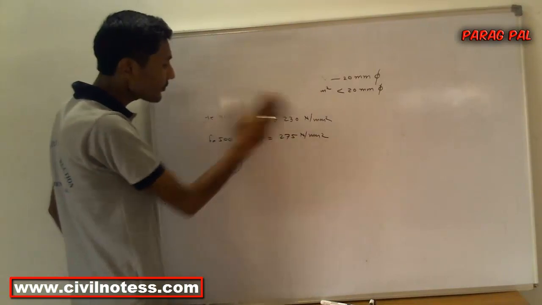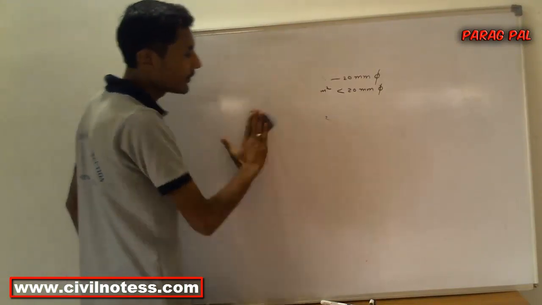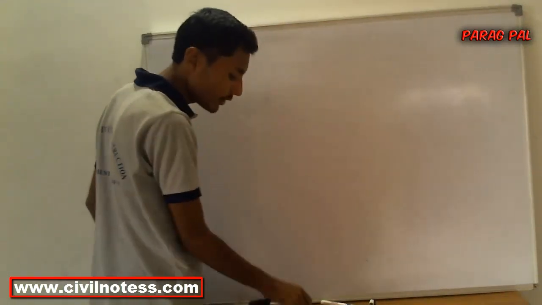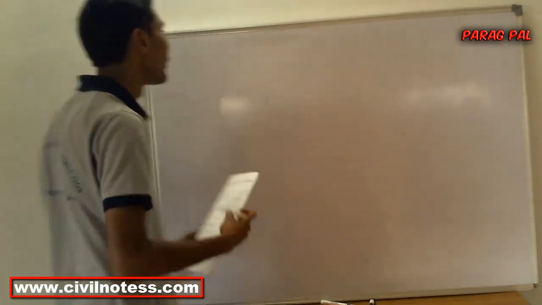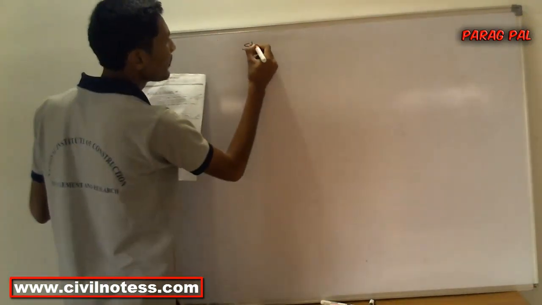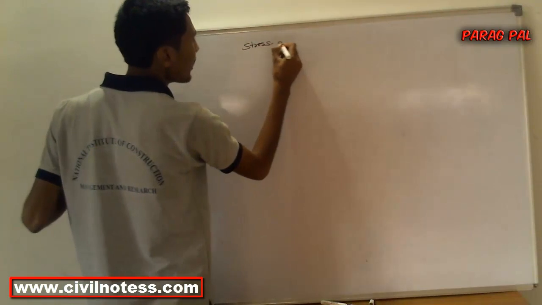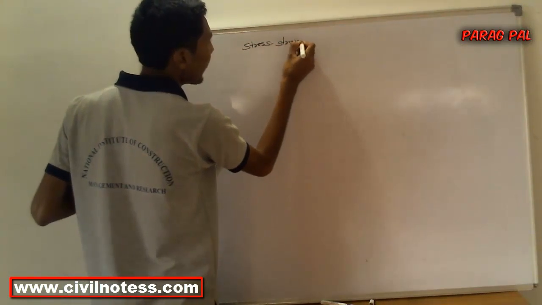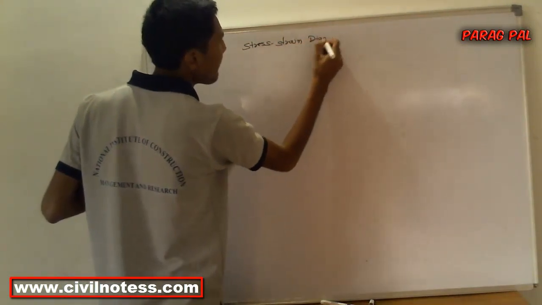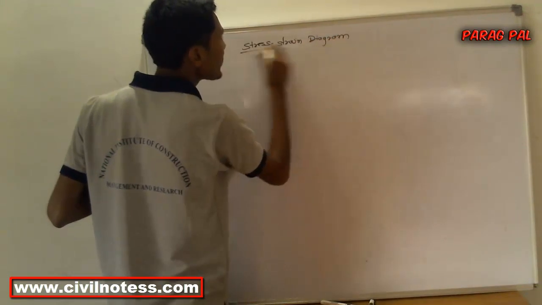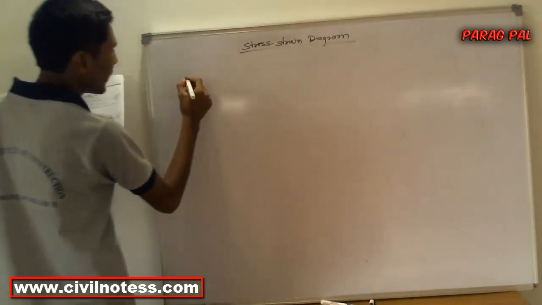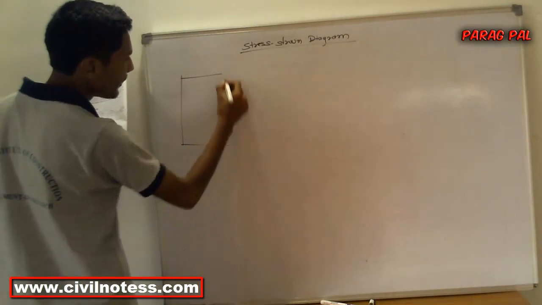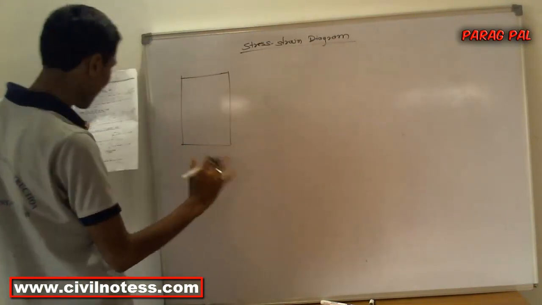Okay, so first of all, I draw one diagram. With respect to that diagram, I will explain what exactly the stress strain diagram is all about. So, the stress strain diagram. Here, consider this is exactly your beam.